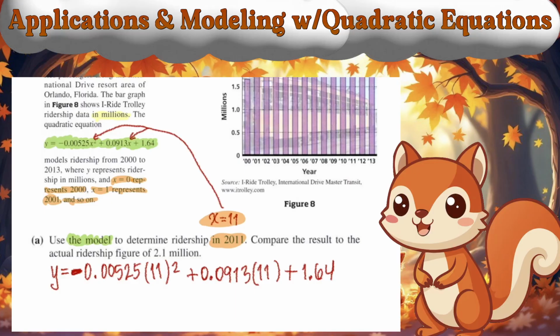So from here, if you're typing it in the calculator, I would do a couple different ways. I might do 11 squared first, or if I know it, it's 121 times 0.00525 with the negative button, depending on which calculator you have. Get that answer, plus, and then you want this product.